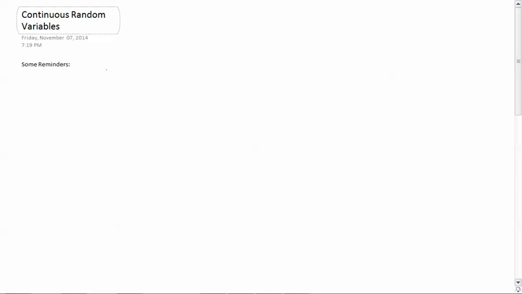Up to this point, most of what we've done has been discrete random variables, where the random variable had to be a counting number, right? We had 1 success, 2 successes, we had 3 pens, whatever it was, we ended up with whole numbers. In this situation, we're now moving on to continuous.